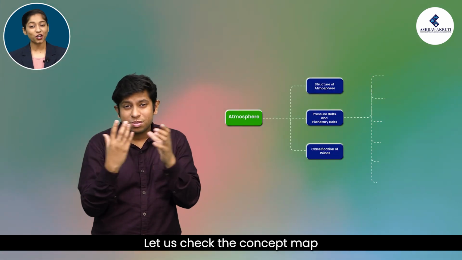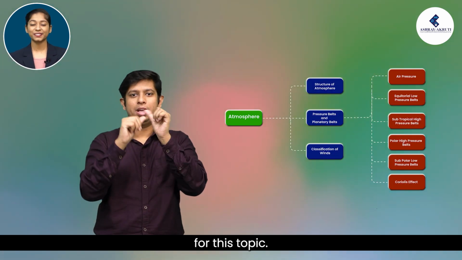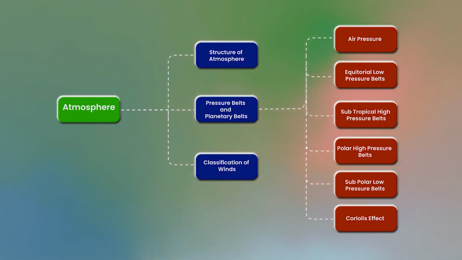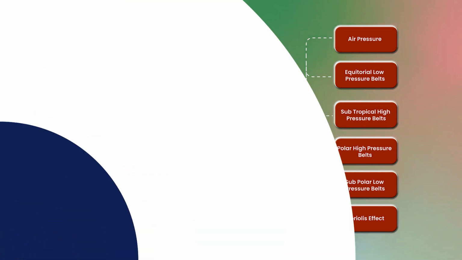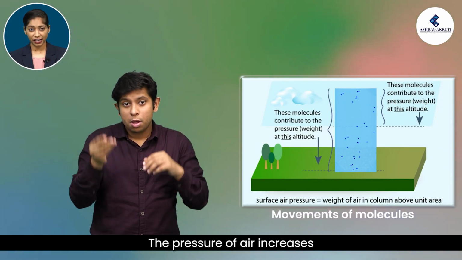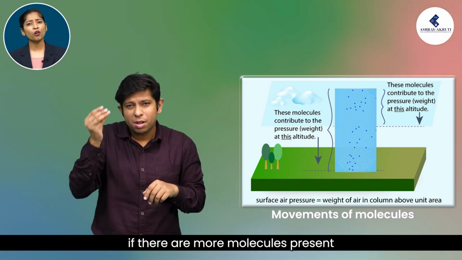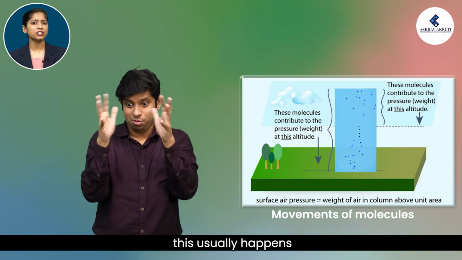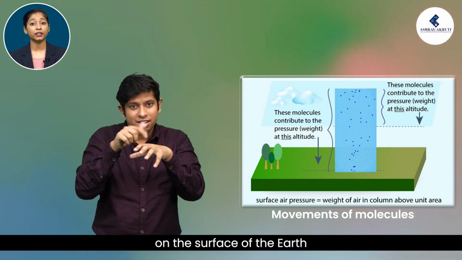Let us check the concept map for this topic. The pressure of air increases if there are more molecules present. This usually happens on the surface of the earth.